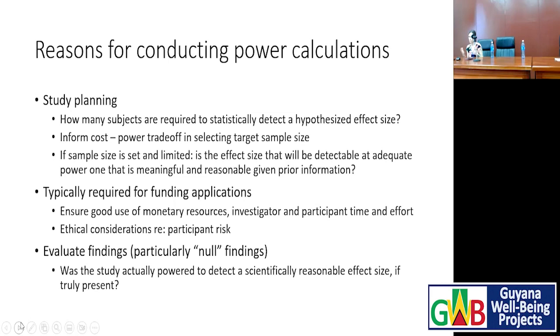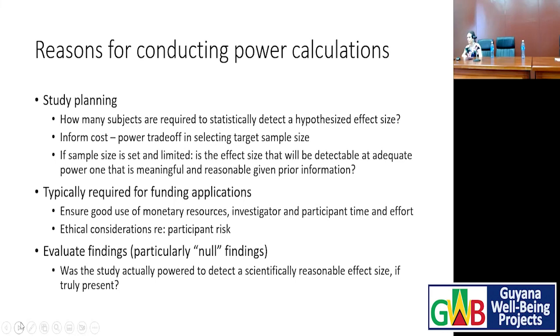But what you want is to have enough power to find something. You don't want to do your study and then say, well, I didn't find anything, but it's actually because I just didn't have enough people to tell the difference between my groups.